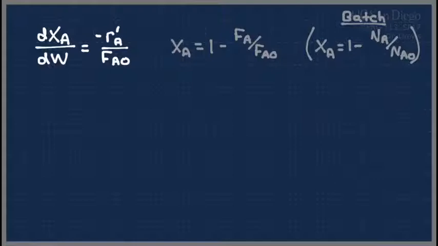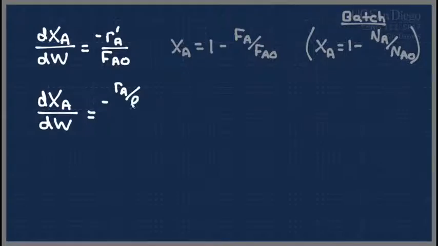And then the next part that we did was we worked on the RA prime. So we had dx dw was minus K. Actually, let's step back one before we do that. The RA prime was equal to minus RA divided by rho bed, so all of that over FA naught.